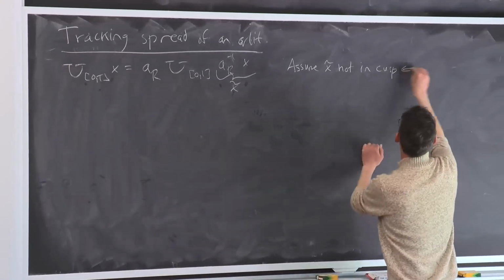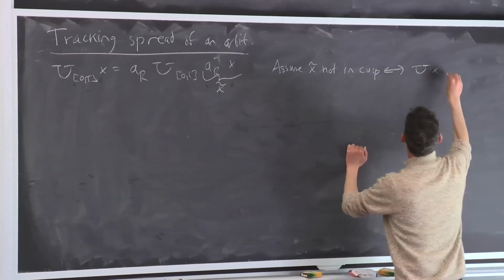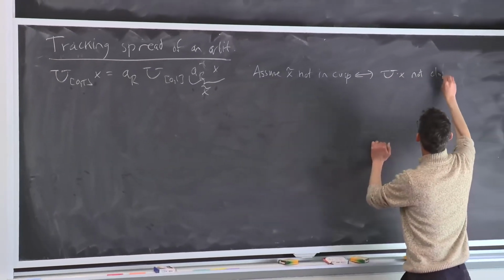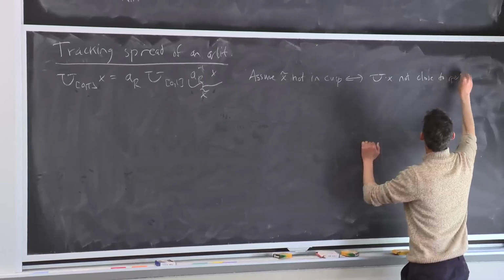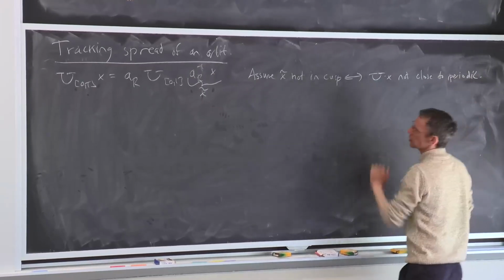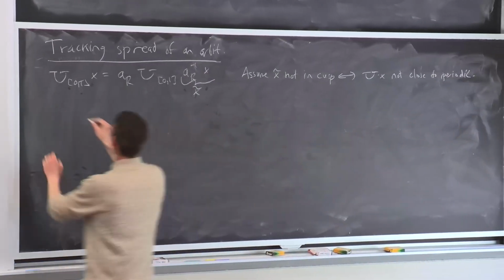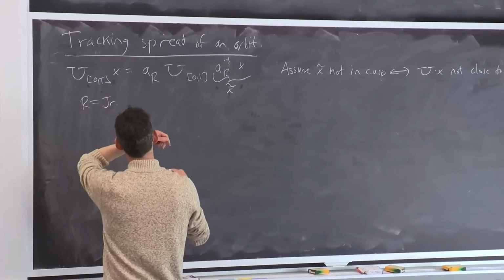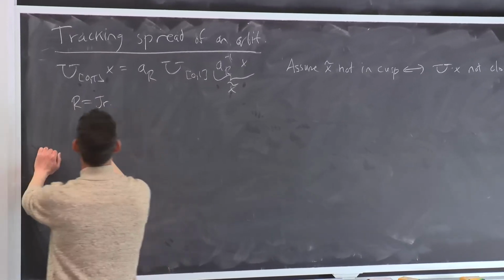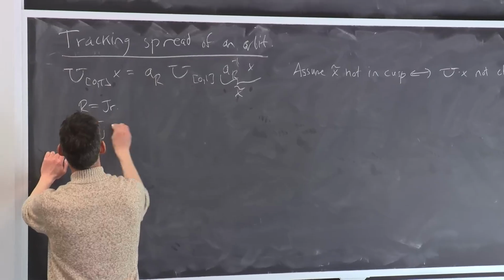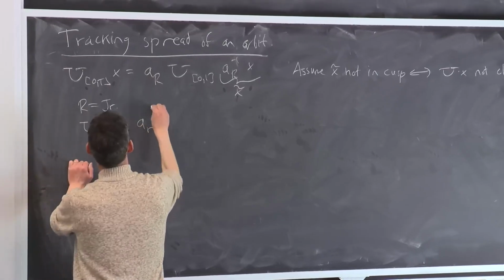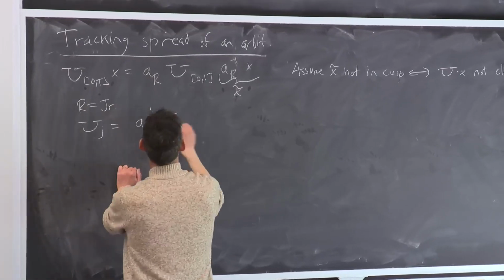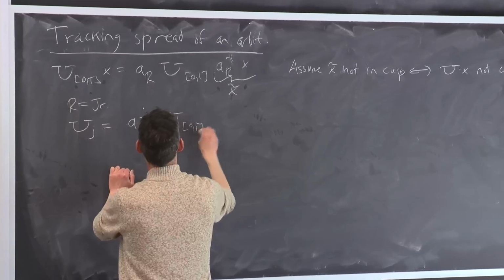And that's equivalent to saying that ux is not close to periodic. OK. And let's break up r as capital J times little r. And so then I'm going to say that uj is a little r to the j of u01 of x tilde.